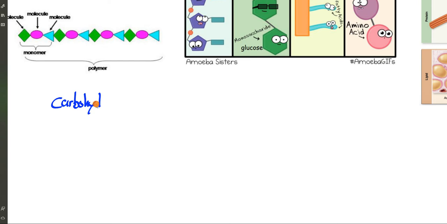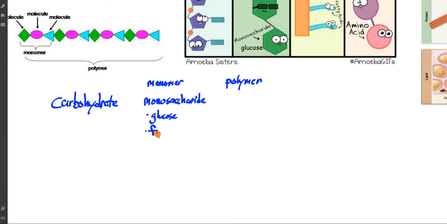For a carbohydrate, the monomer versus the polymer, so the big piece is the polymer, and the monomer is called a monosaccharide. And there's one monosaccharide in particular that we want to memorize, which is glucose. So glucose is the most famous, the most useful for biology.